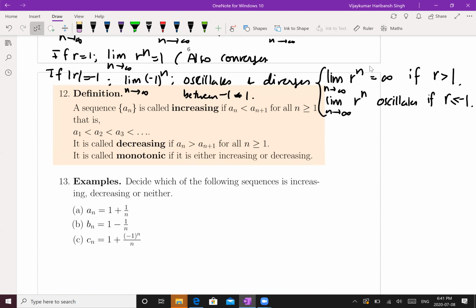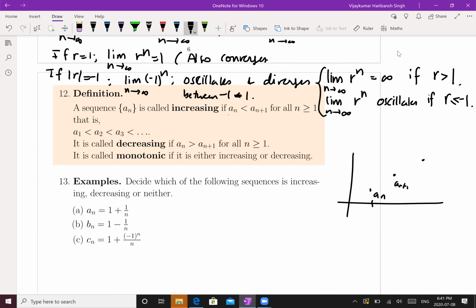Now, sometimes it's hard to find the limit of a sequence, but we can see in some other ways whether the sequence converges or not. So for that, let's develop the following machinery. We call a sequence a_n increasing if a_n is less than a_{n+1}. That means the next one will be bigger, and so on and so forth.